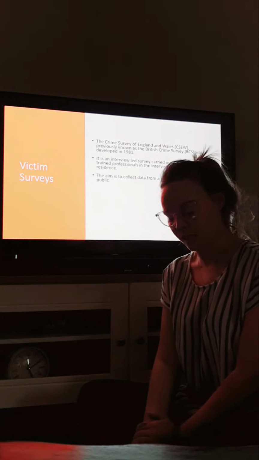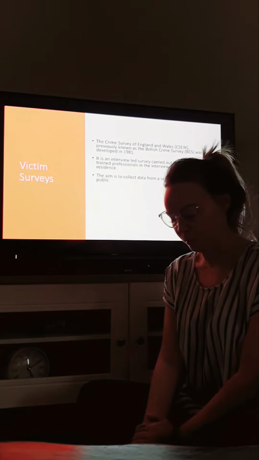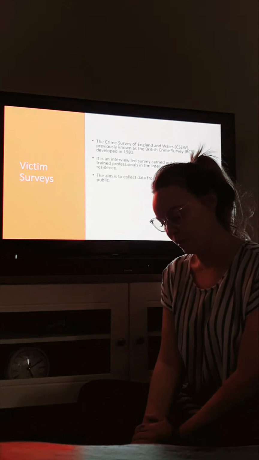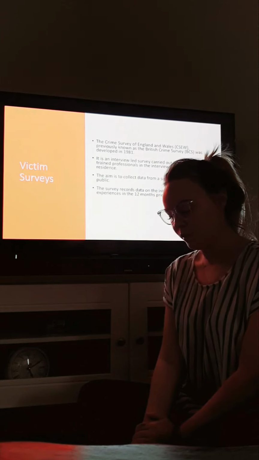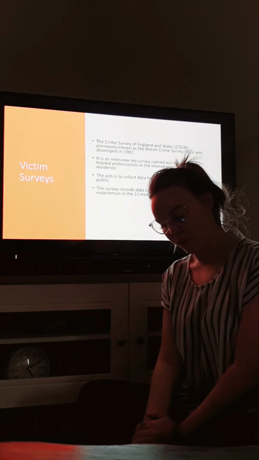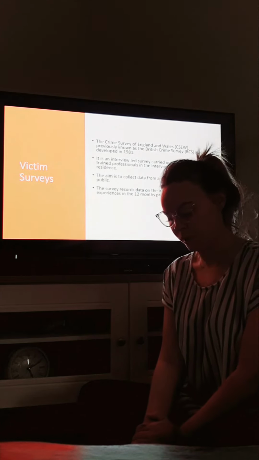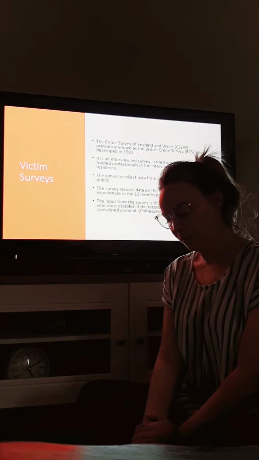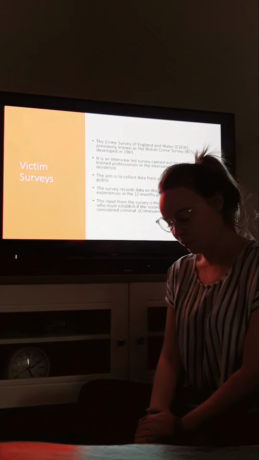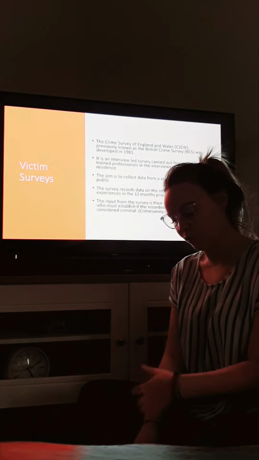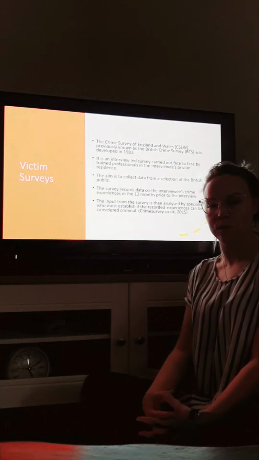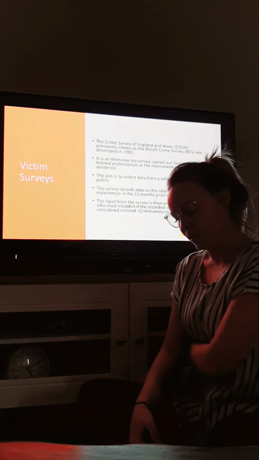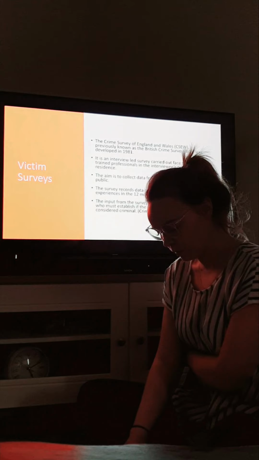The aim is to collect data from a selection of the British public regarding criminal experiences. The survey records data on the interviewee's crime experiences in the 12 months prior to the interview. The input from the survey is then analysed by specialists who must establish if the reported experiences can be considered criminal.